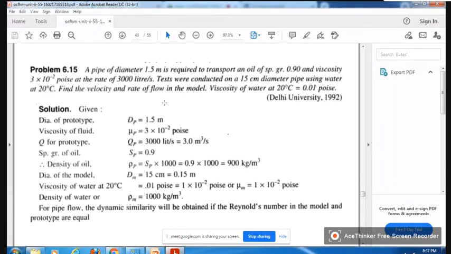So we know DP, the diameter of the prototype, is 1.5 meter. Viscosity of the prototype fluid is 3 into 10 to the power of minus 2 poise.